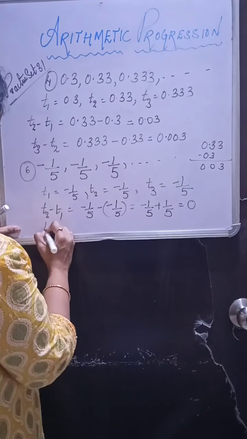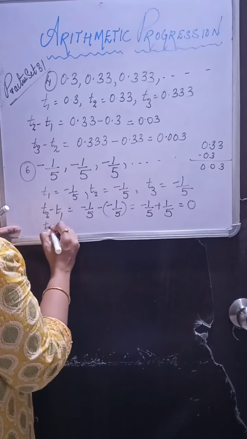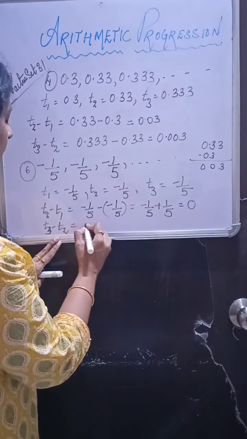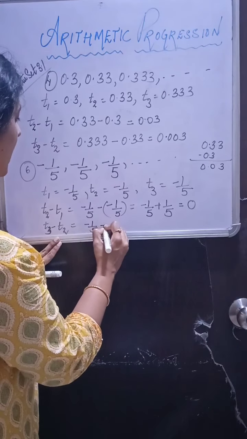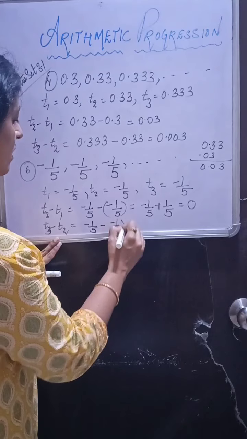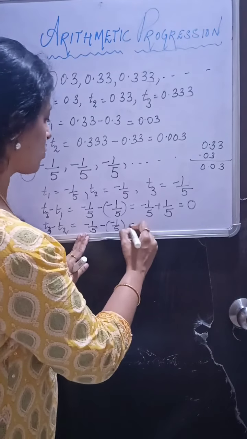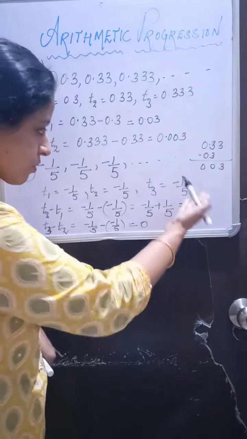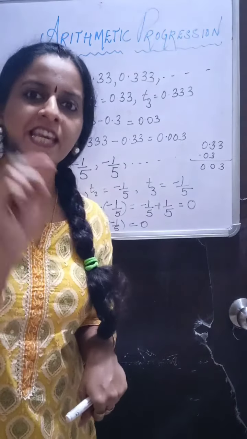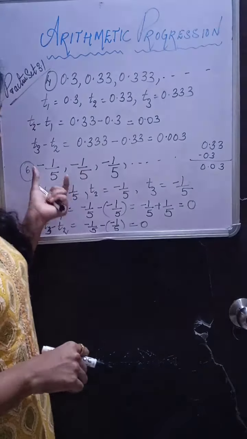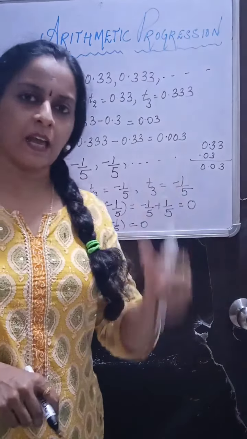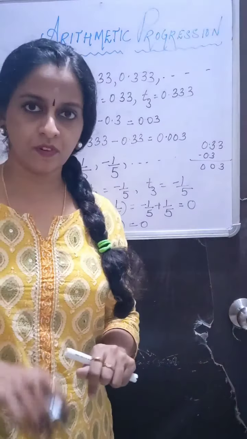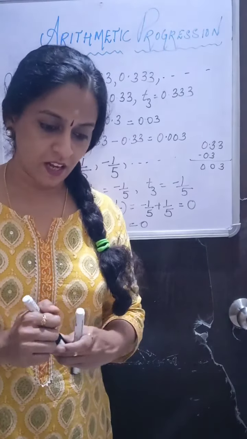What about T3 minus T2? T3 minus T2 will be minus 1 upon 5 minus of minus 1 upon 5, one and the same thing. So here also you will get the difference as 0. As you can see, the common difference is the same. It is 0. So you will write these numbers are in AP and the common difference is 0. Write that statement and complete.